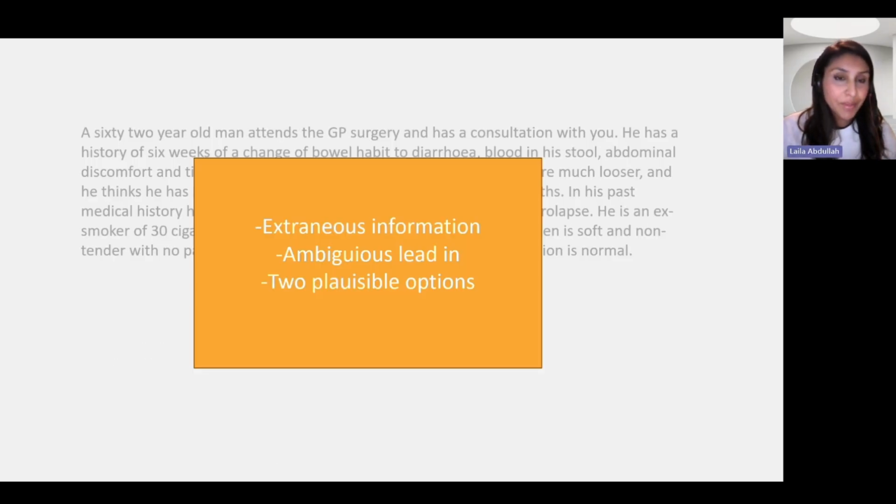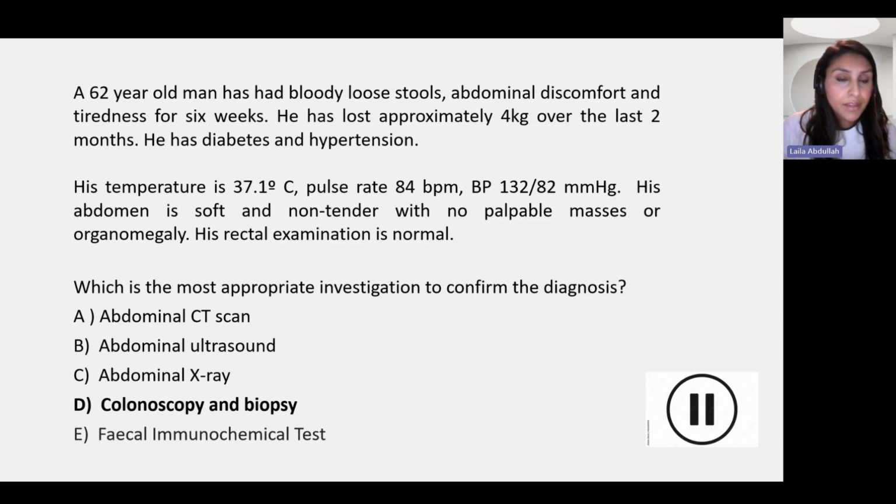So hopefully you will have gathered that there's lots of extra information that's unnecessary in there, and extra phrases and words. The lead-in is ambiguous, so what's important to some might be not as important to others, and there's also 2 plausible options. So have a read of this.